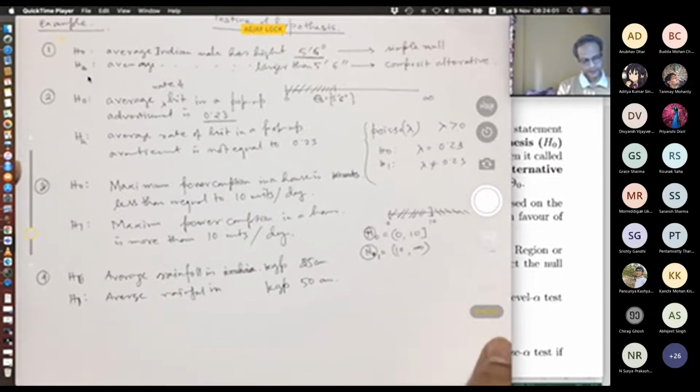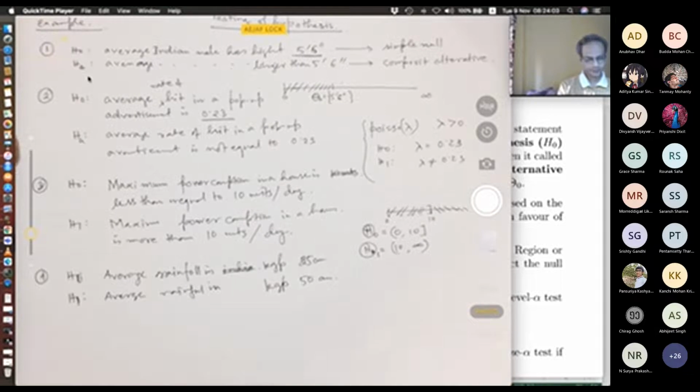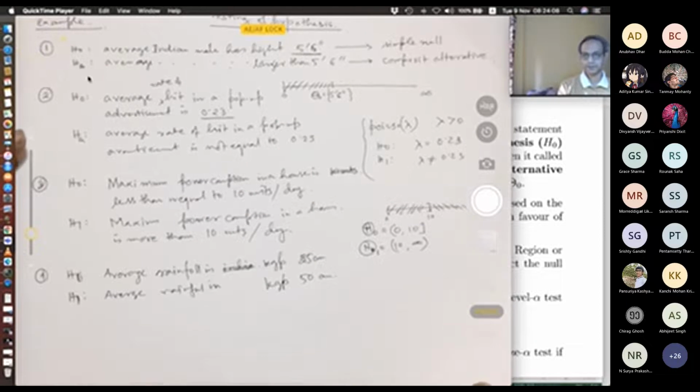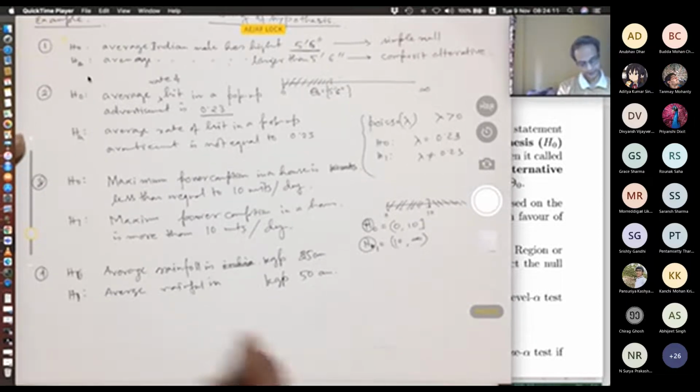Now another kind: everything is well specified, but there are other possible alternatives.